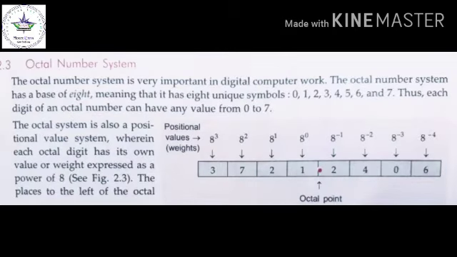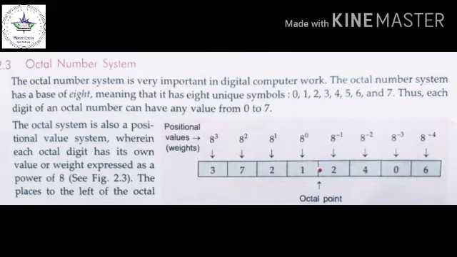The third number system is the octal number system. It is very important in digital computer work. The octal number system has a base of 8, meaning that it has 8 unique symbols: 0, 1, 2, 3, 4, 5, 6 and 7. So, each digit of an octal number can have only values from 0 to 7.